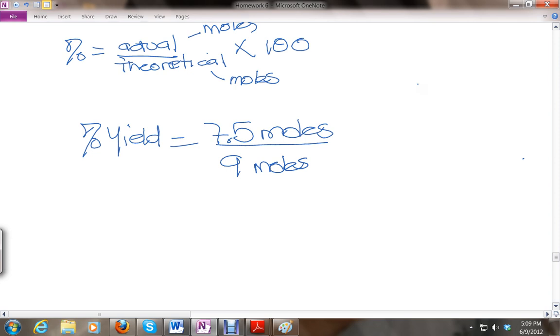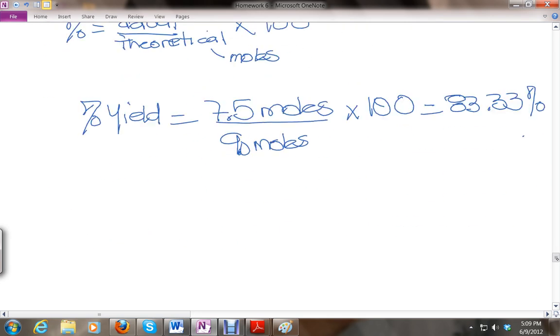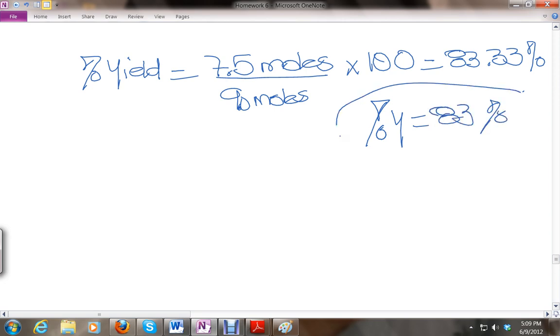Times 100, that gives me 83.33%. How many sig figs did the problem have initially? 1.5, 2 sig figs. You see 2 sig figs in all the problem, so it's going to be 2 sig figs. So the percentage of yield would be equal to 83%, and that's your result for this problem.